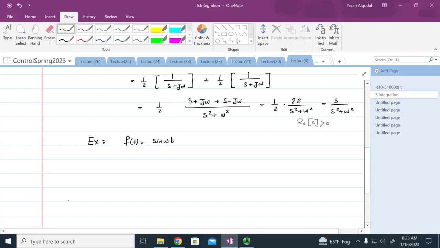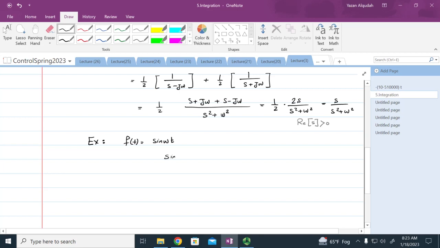We can turn the sine into e to j omega t, but we don't want to repeat anything we've done in this class. You take the answer and flip a negative sign somewhere. Which one? The s over s squared plus omega squared. Is it going to be similar to that? Related, but how is it related?